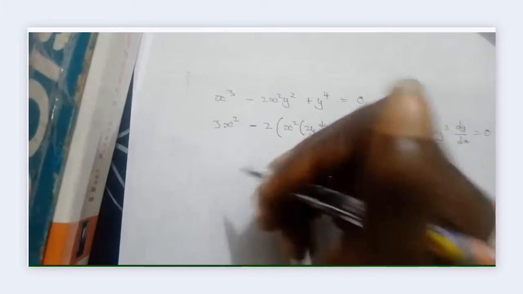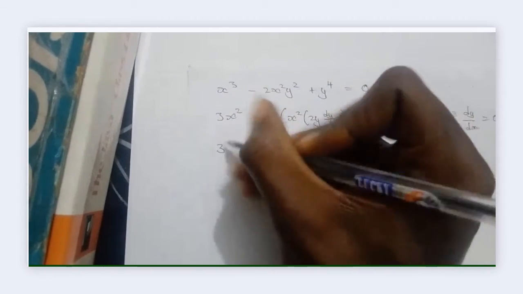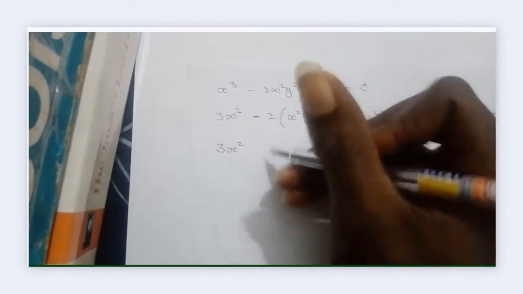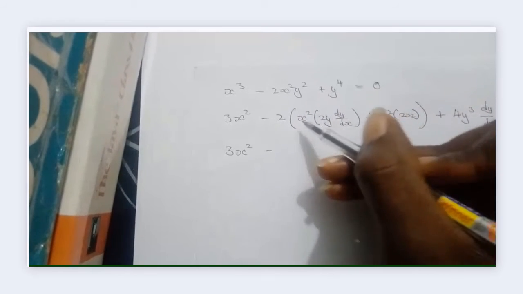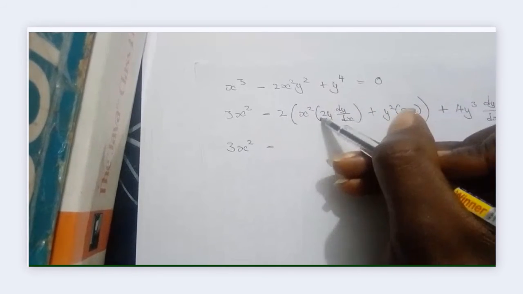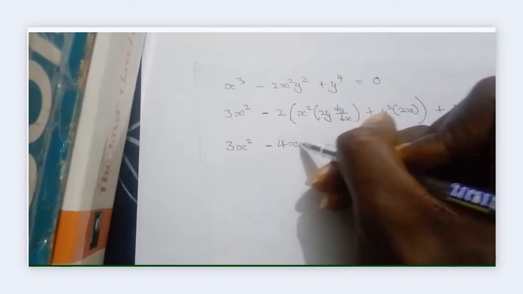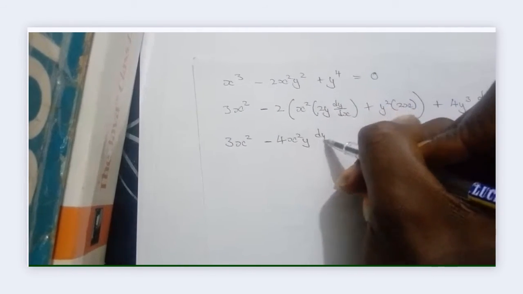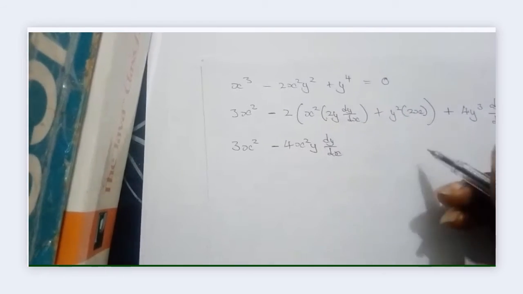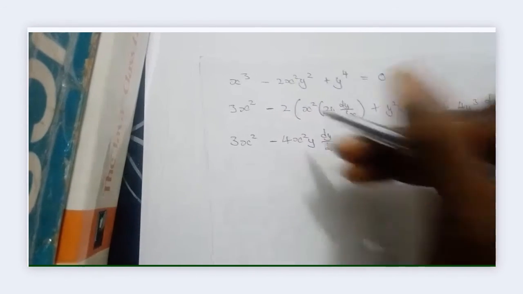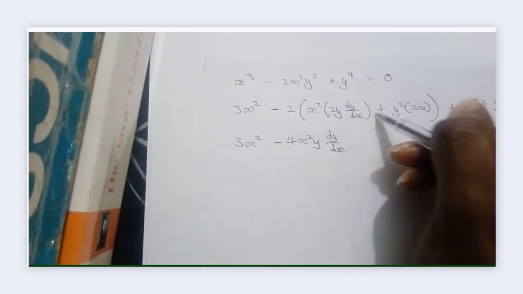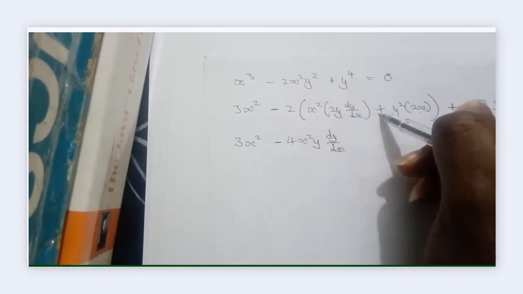So I can open the bracket. So this one would be 3x squared minus, so multiply 2 by these two. Just expand everything. So it's 4x squared y dy over dx, right? Also for the same thing as this, be careful of this minus sign, because minus sign will also affect it.